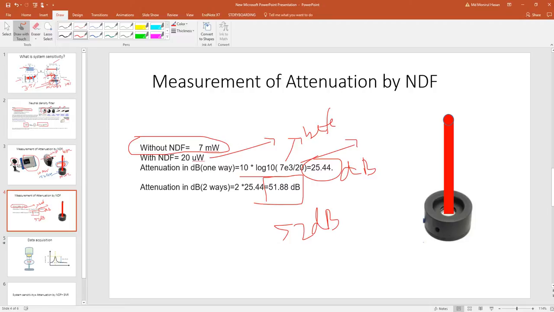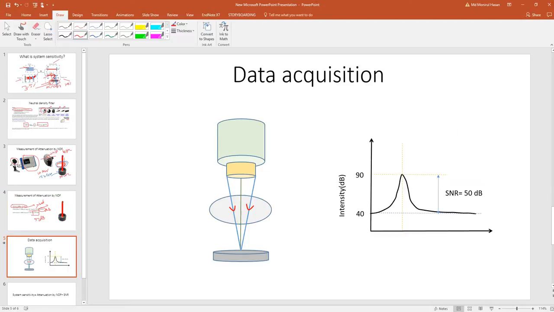But now, how can we acquire the data? To acquire the data, as I mentioned, you have to put the mirror at the sample arm. This is your mirror, and use the neutral density filter in the maximum position so that you know how much light will be attenuated, and take the data.